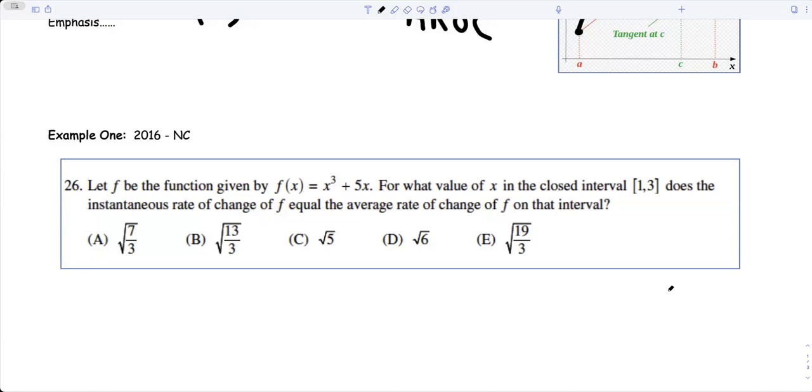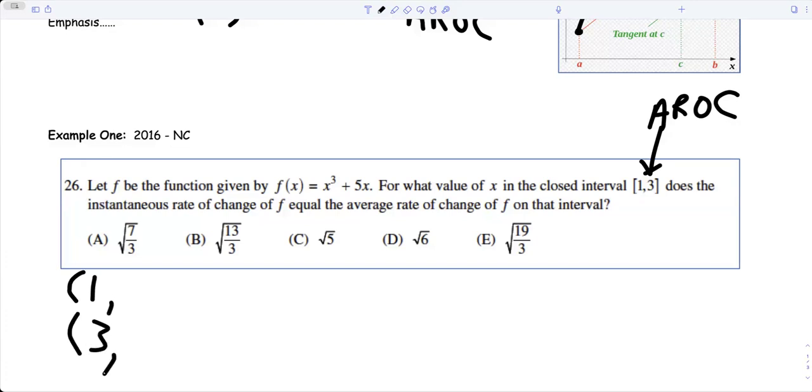Okay, what I can find right now is the average rate of change. So, what two points am I going to use to find the average rate of change? Well, they tell me this right here, this is AROC. The function's going from 1 to 3. So my x value is 1.